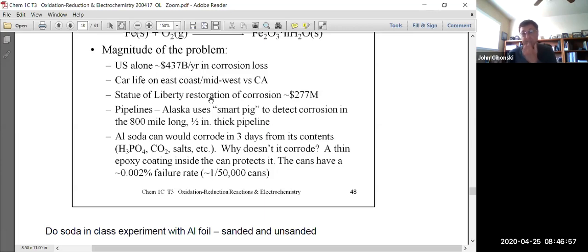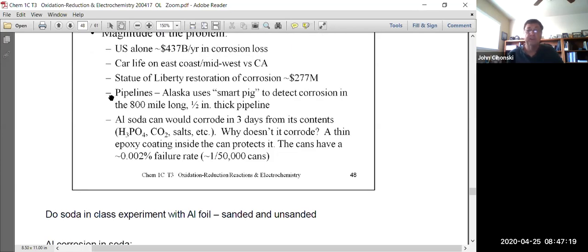Copper is not as easy to corrode as iron, but nonetheless, under the right environment, it will corrode. And it cost about $277 million to redo the parts of the Statue of Liberty that were in bad shape.